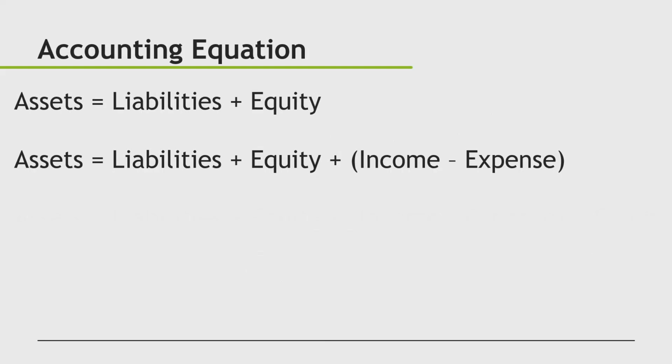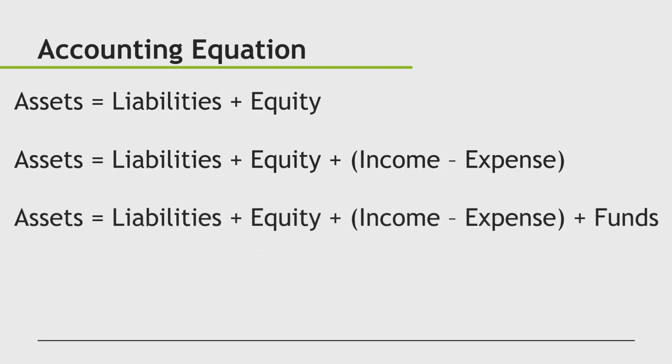Let's take it one step further. Assets equal liabilities plus equity plus income less expense plus our funds. Funds are a concept where we have money set aside for specific purposes.